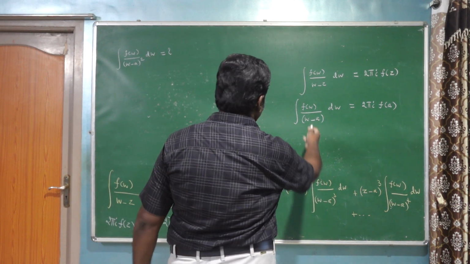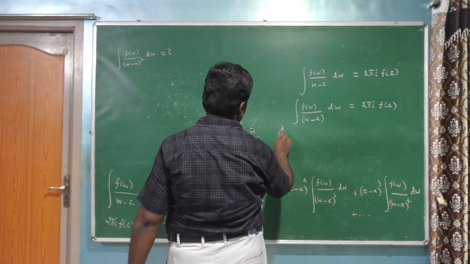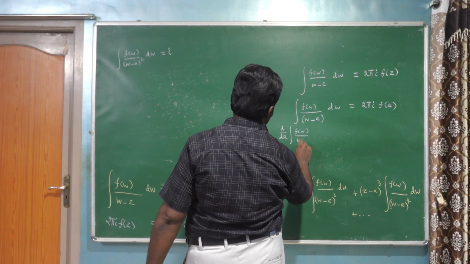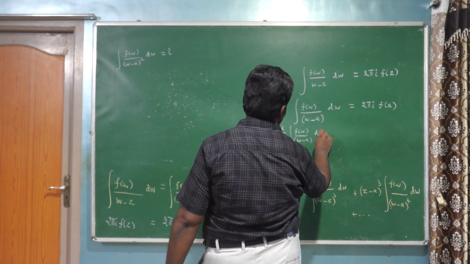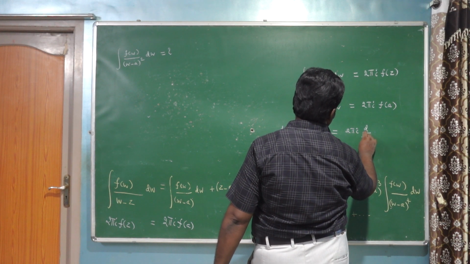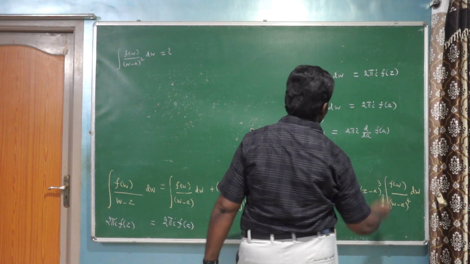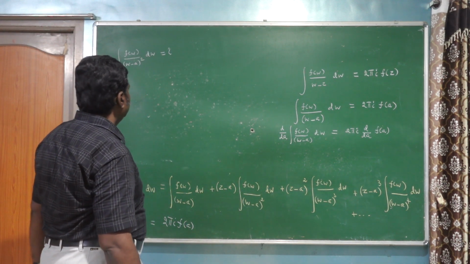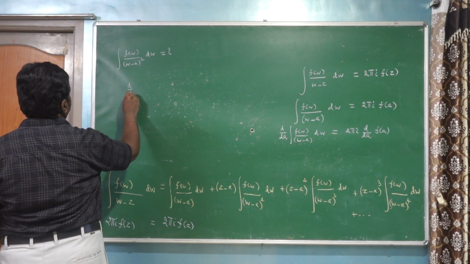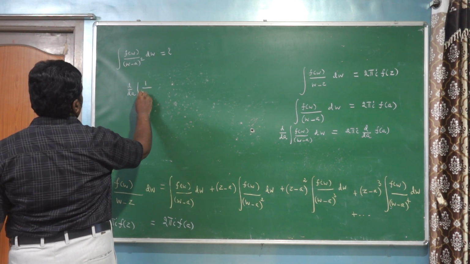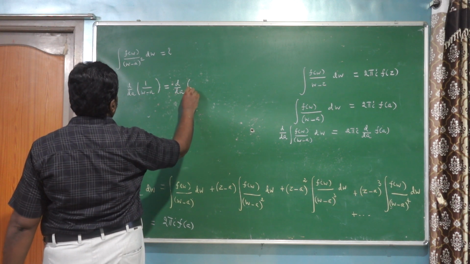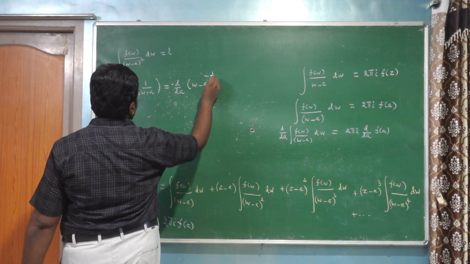For that, differentiate this with respect to a. d by da of the integral of f of w divided by (w minus a) into dw is equal to 2 pi i d by da of f of a. Here the variable is 1 divided by (w minus a). d by da of 1 divided by (w minus a) is d by da of (w minus a) power minus 1.